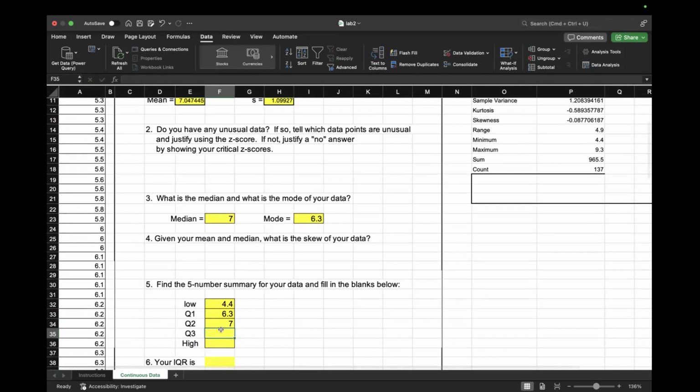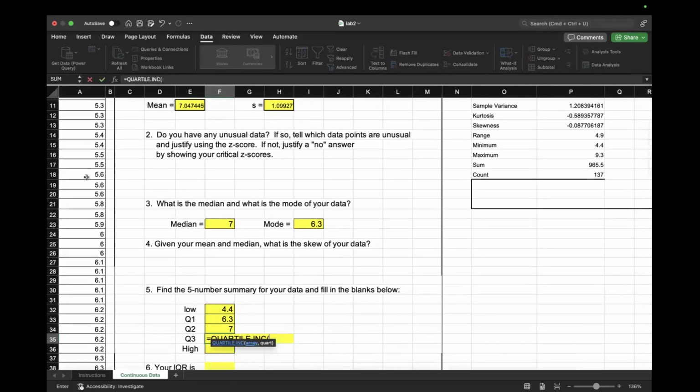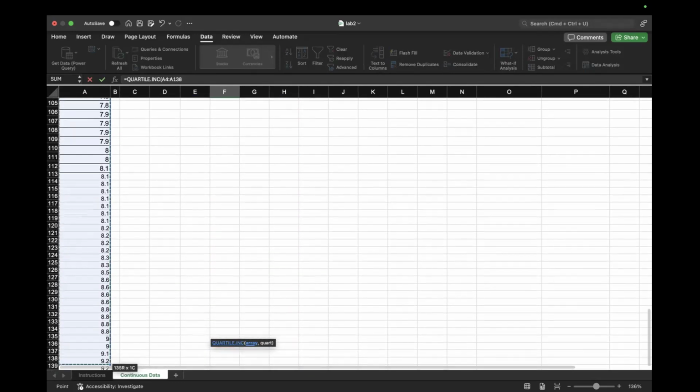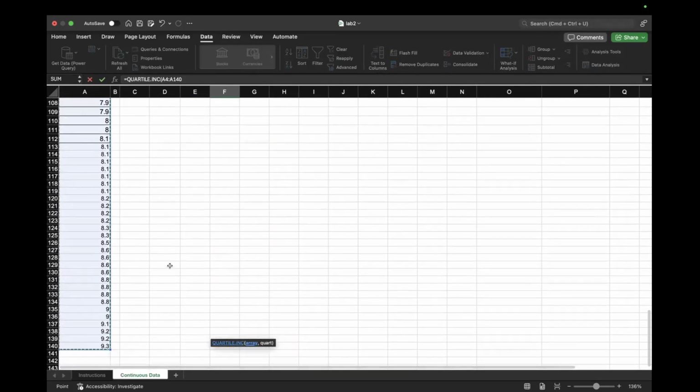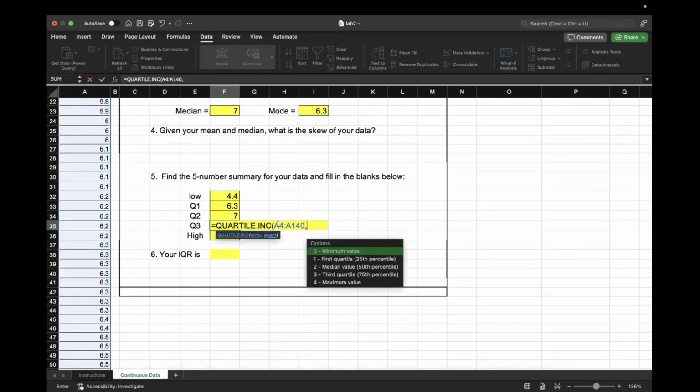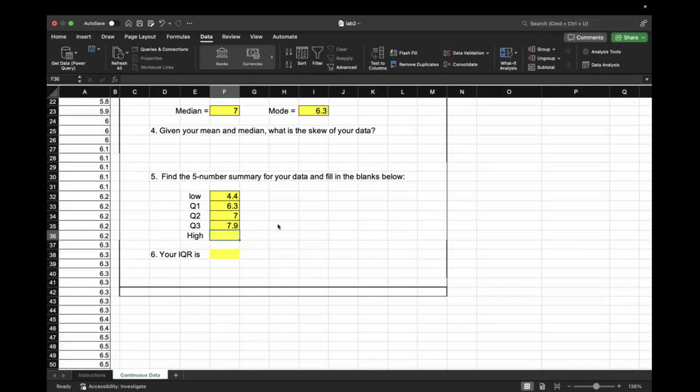Quartile 3, I hit equals, type in quartile.INC, highlight all of the data. Once again, okay, comma, quartile 3, enter.